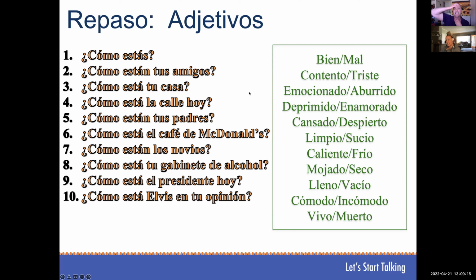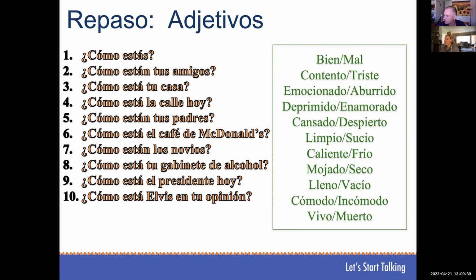¿Cómo está la calle hoy? ¿Qué significa la calle? La calle is the street. So la calle está llena. ¿Cómo están tus padres?